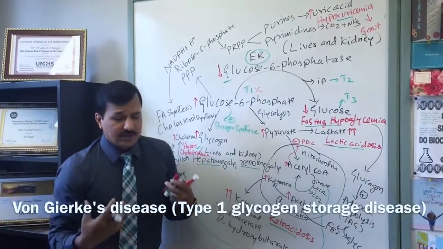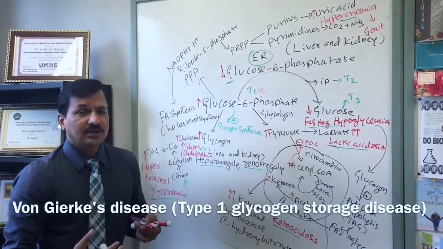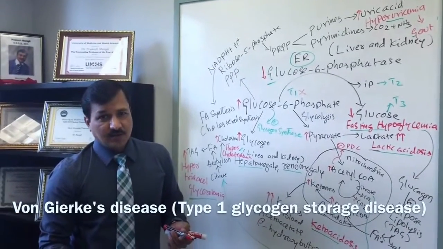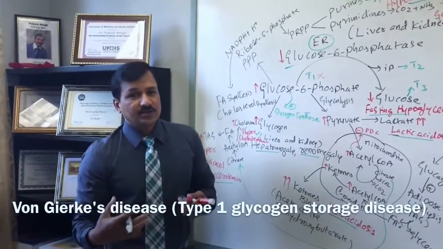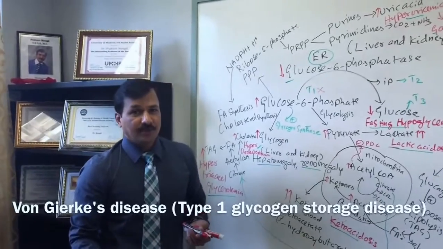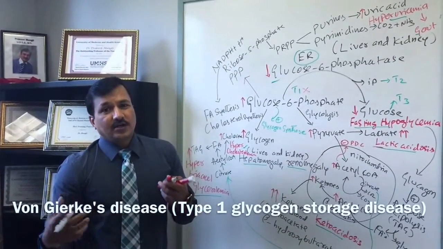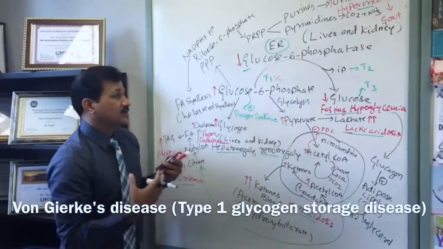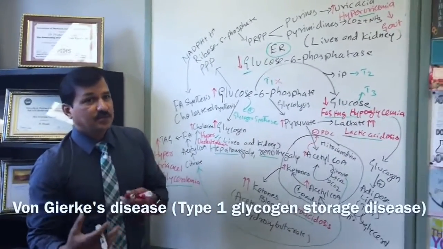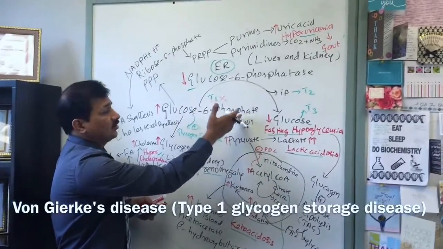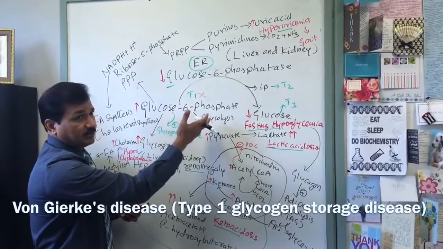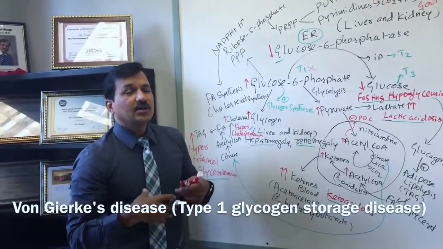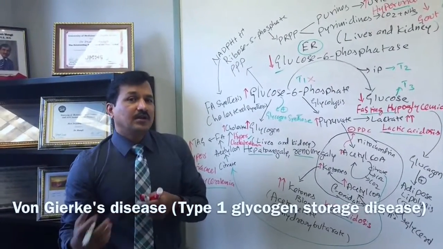What is the exact reason for neutropenia and neutrophil dysfunction in type 1B von Gierke's disease? It is not clear. The exact mechanism is under active research; this is a current topic. It is not clear what exactly the T1 transporter does. What has been accepted till now is that it acts as a glucose 6-phosphate transporter, but it has been hypothesized that the T1 transporter has many other functions which are not clear.